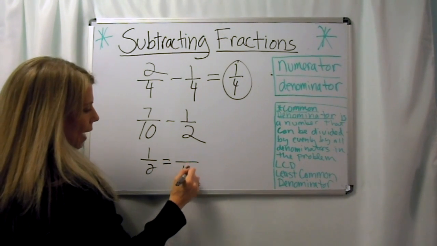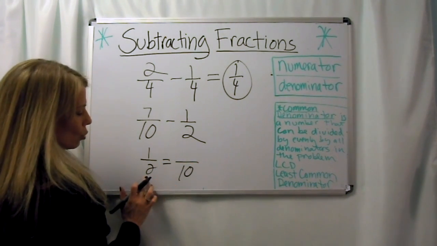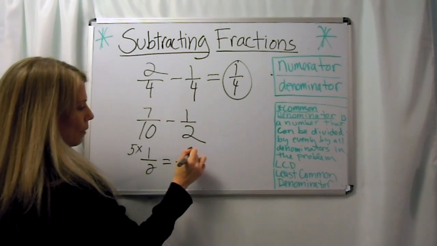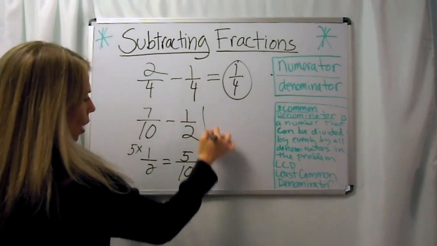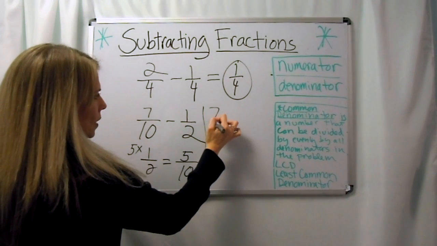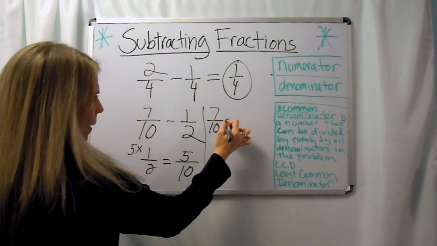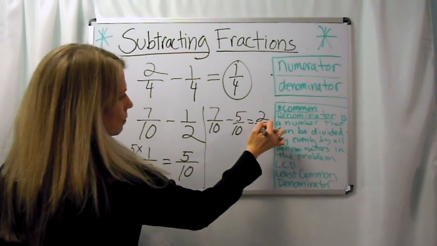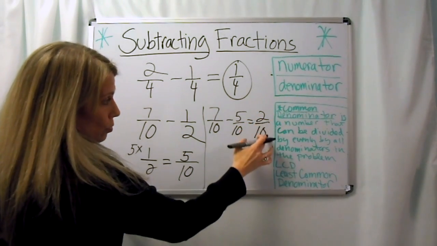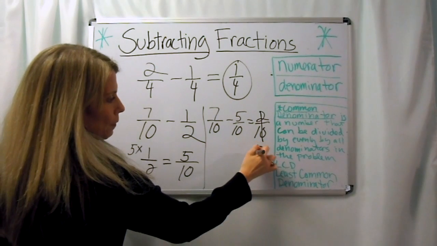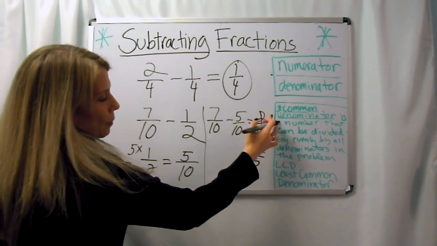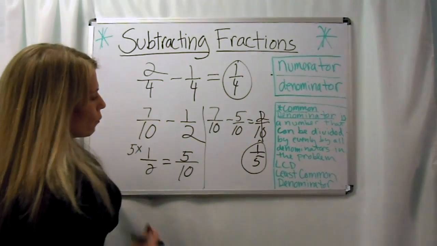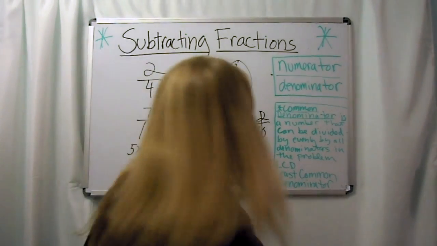So we say 1/2 equals how many tenths? 2 goes into 10 5 times. 5 times 1 is 5. Now our new problem looks like this: 7/10 minus 5/10 equals 2/10. Now this can be reduced to 1/5, because 2 divided by 2 is 1 and 10 divided by 2 is 5. So that's our final answer for that one.